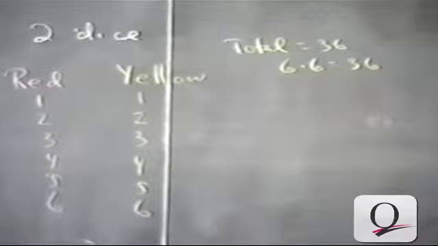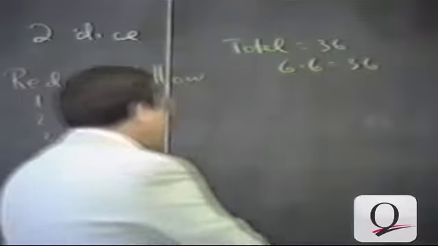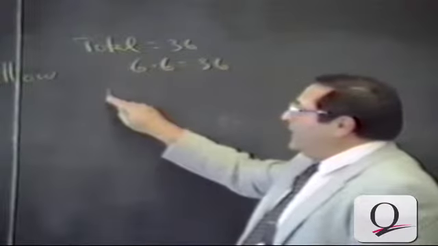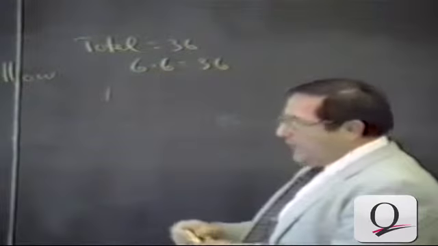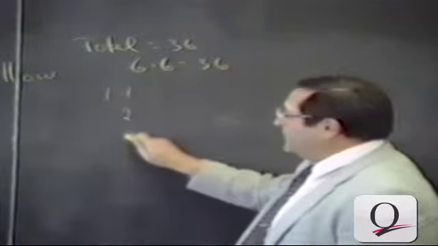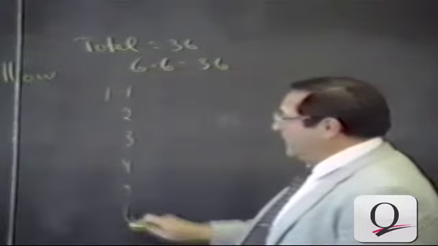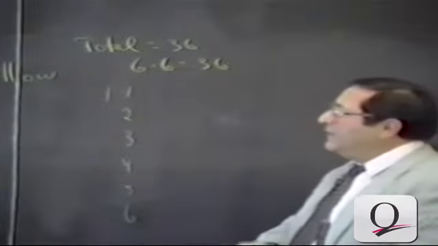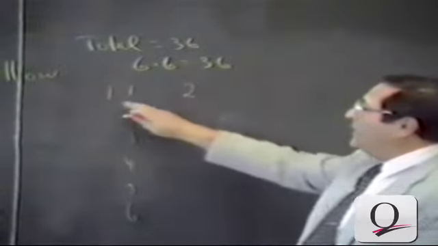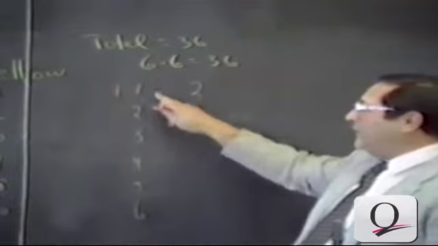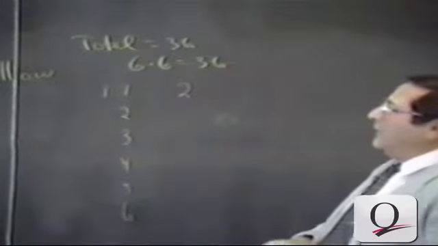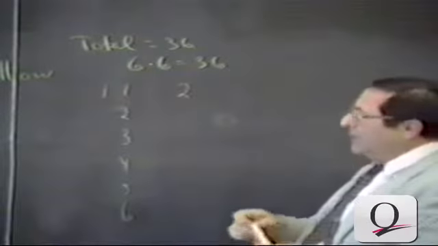If you wanted to list these 36, it could go like this. You could get 1 on the red first, and then any number of the yellow on the second. That's already 6 ways. You could get a number 2 on the red die in any of these.